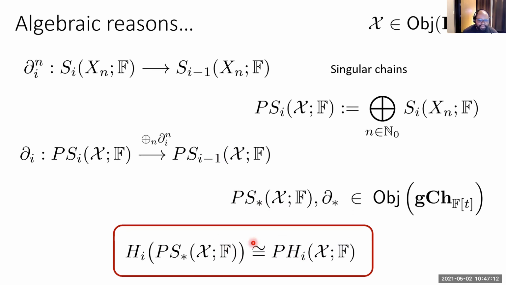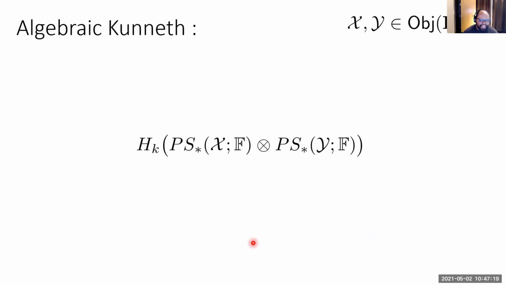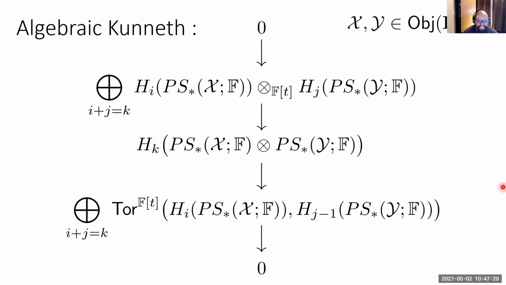With that very algebraically minded argument, we now know that if you compute the homology of the tensor product of these two chain complexes, then by the algebraic Künneth theorem, we have this short exact sequence. That's just the algebraic Künneth theorem over PIDs, which F[T] is one of those. You just have to check that everything respects degrees.